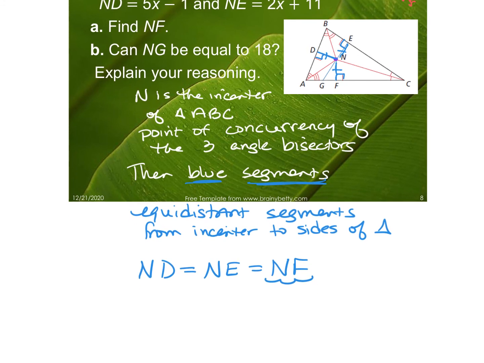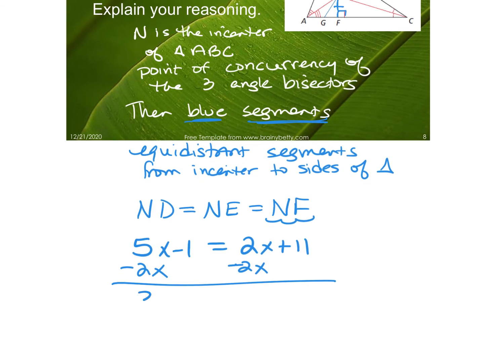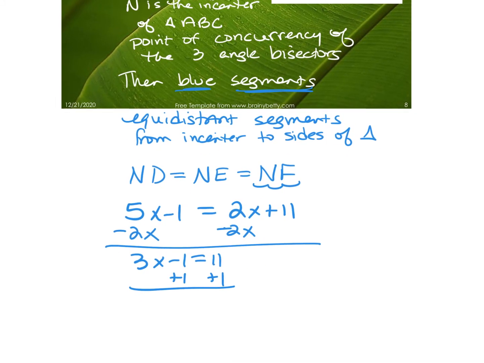I set ND equal to NE: 5x minus 1 equals 2x plus 11. Subtract 2x: 3x minus 1 equals 11. Add 1: 3x equals 12. Divide by 3.